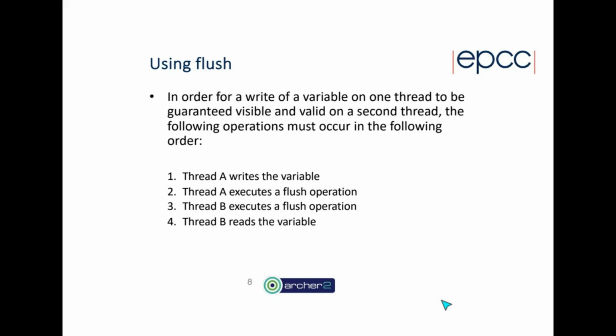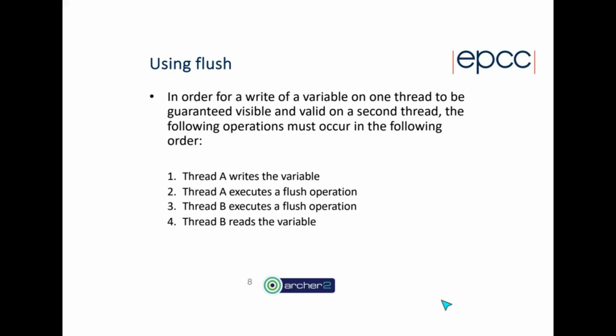In order for this kind of pattern to work, so for a write of a variable on one thread to be guaranteed visible and valid on a second thread, the following operations must occur in the following order in time. There are 4 things that must happen. Thread A writes the variable, then thread A executes a flush operation, then thread B executes a flush operation, and finally thread B reads the variable.